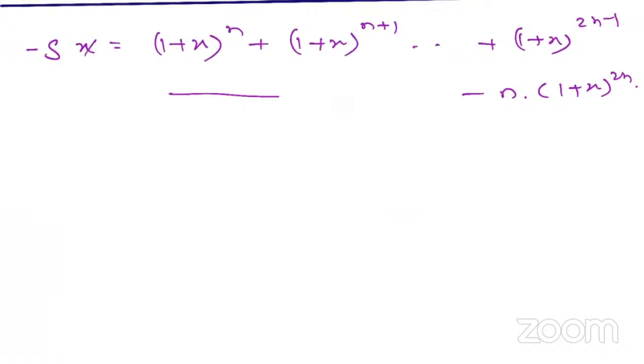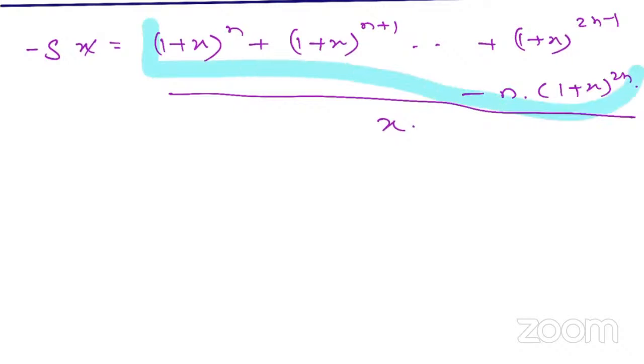Divide this by x, now minus S of this. We need coefficient of x to the power 3 from the expansion, so from the numerator part we need coefficient of x to the power 4.